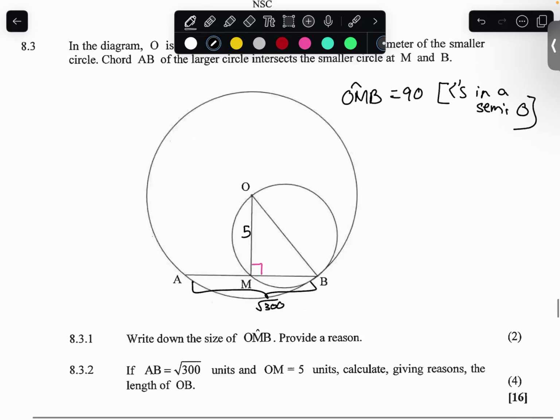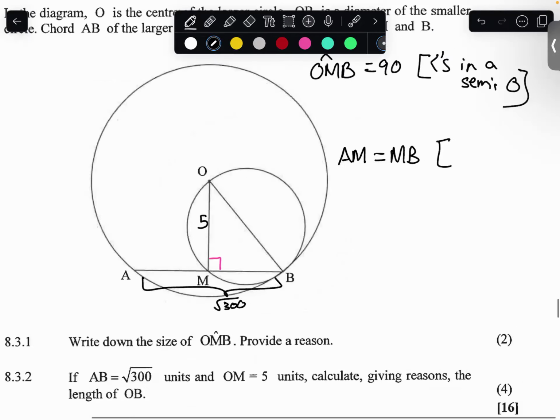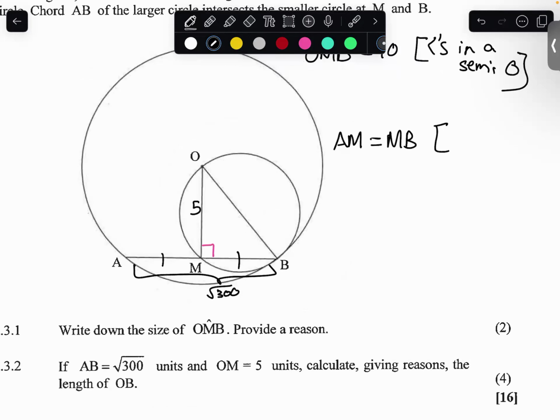So first of all, I'm going to make the statement that AM is equal to MB. And this is the first theorem in grade 11. AM is equal to MB because there's a line from the center of the big circle perpendicular to the chord. So what am I talking about?